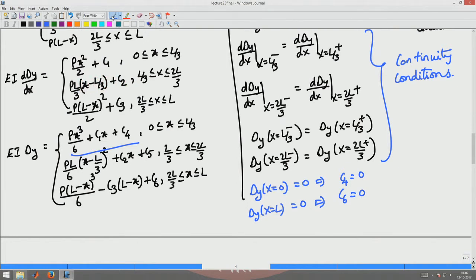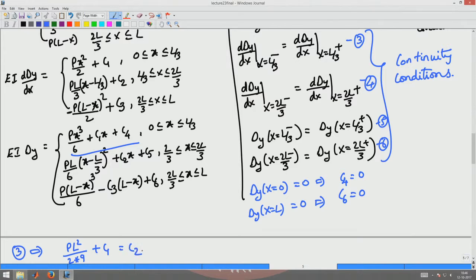So, that gives me, basically this is equation 3, say this is 4, this is 5 and this is 6. Equation 3 gives me P L square by 2 into 9 plus C1 must be equal to C2, because at x equal to L by 3 this term goes off, so that will be C2.